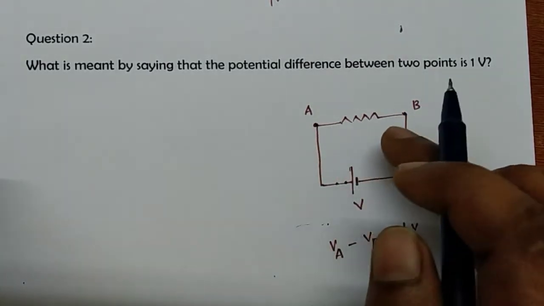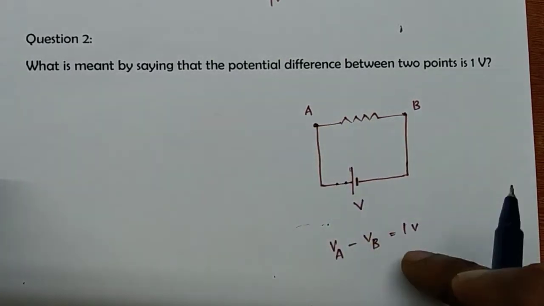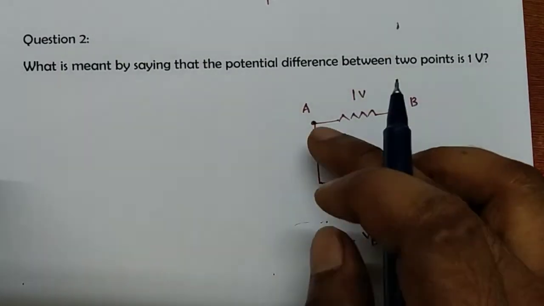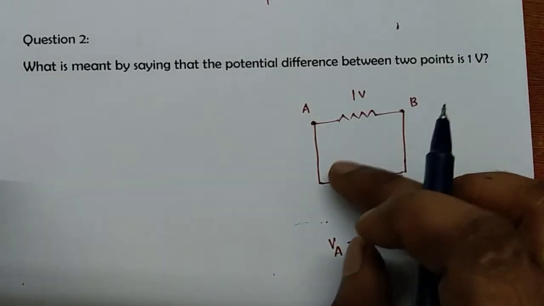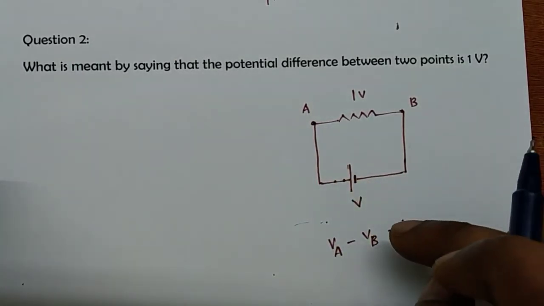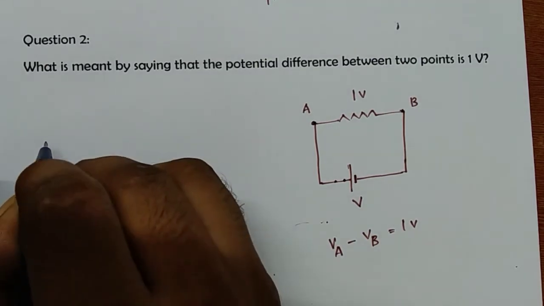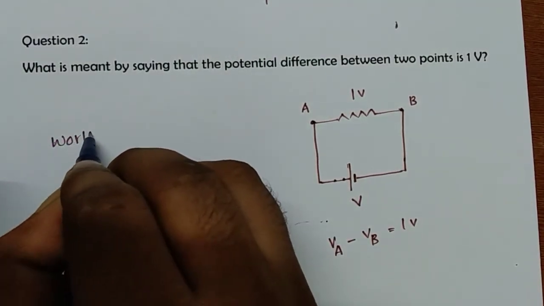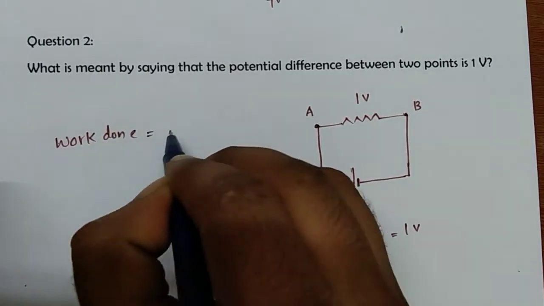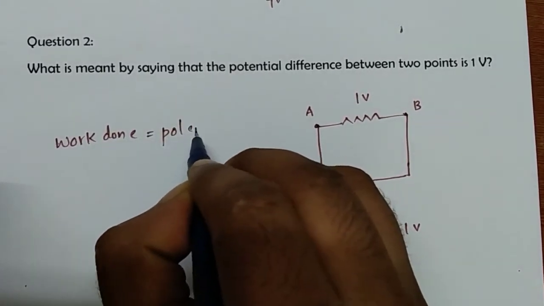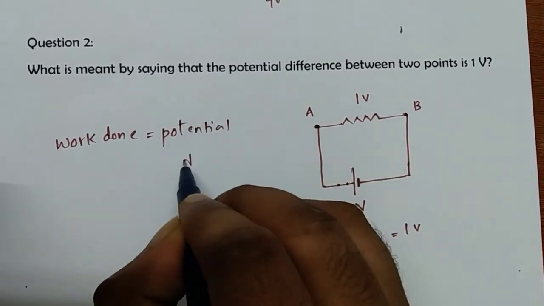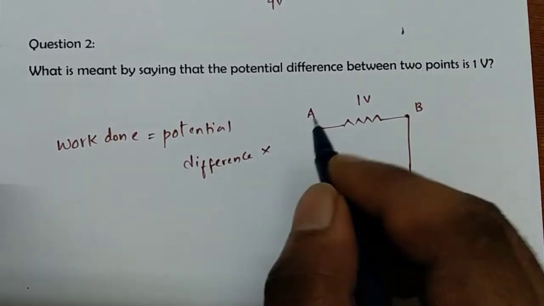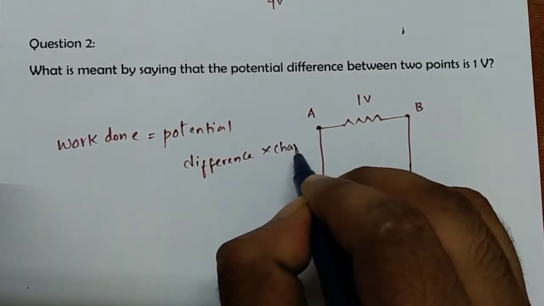Here the potential difference between the two is 1 volt. They have given that this is 1 volt, meaning how much energy, how much work is it doing here. From the formula we already know, work done is equal to potential difference into charge.